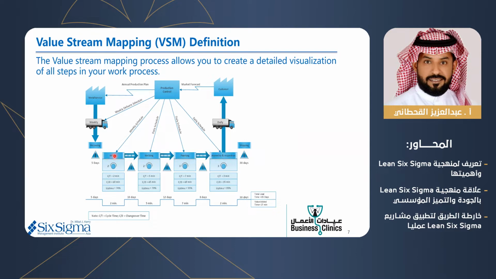When we create the value stream map, we begin from the supplier, from the inventory. Are we receiving material? So it will go to the first step, milling, then it will go to the second as well.